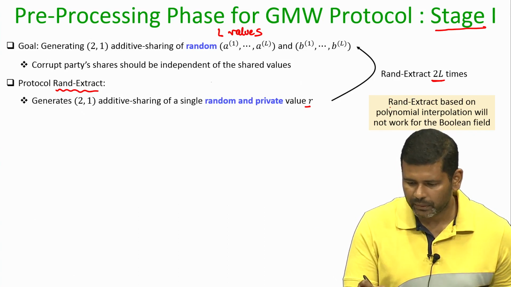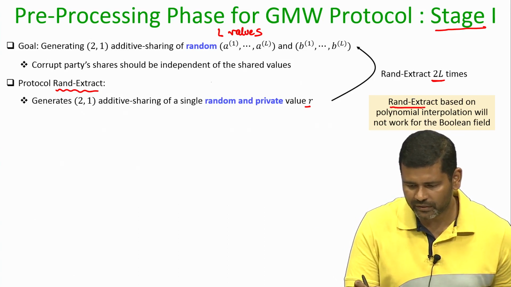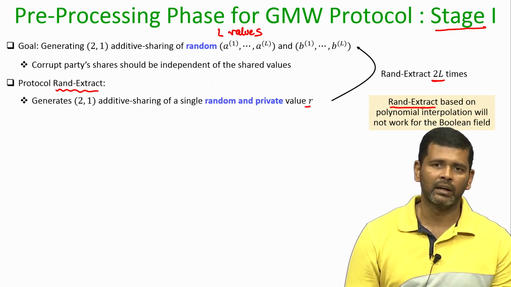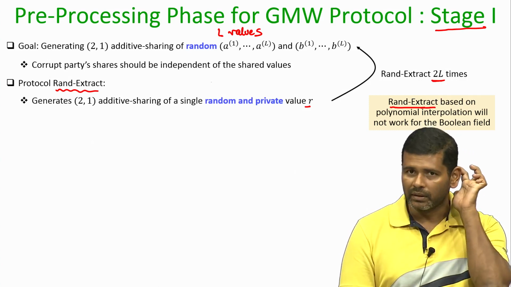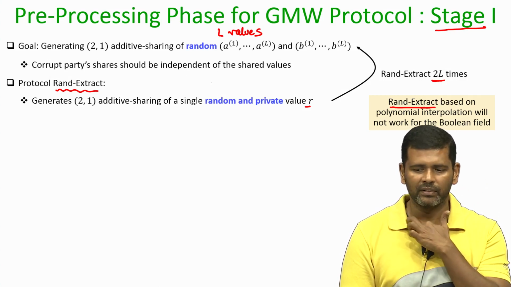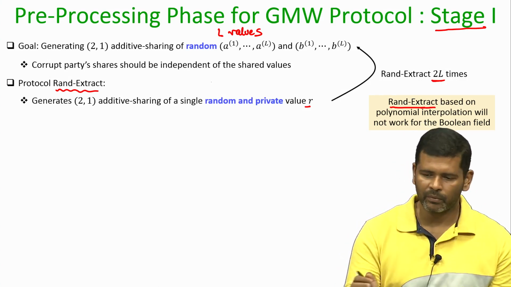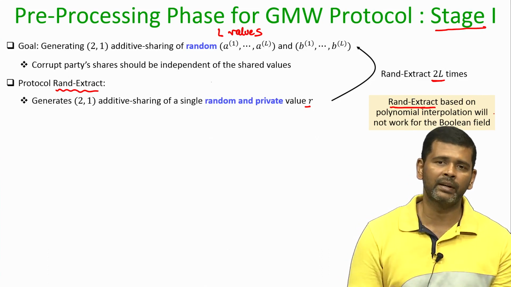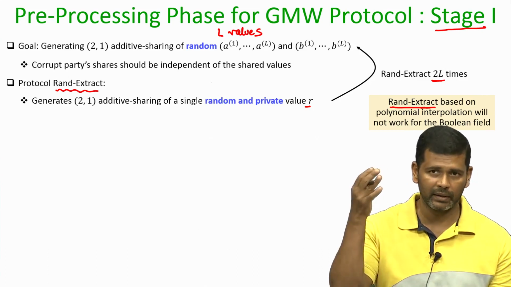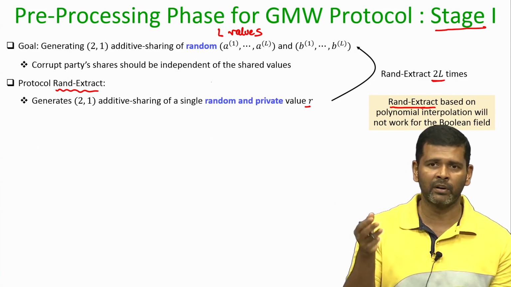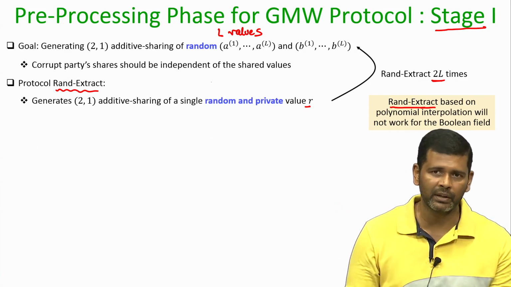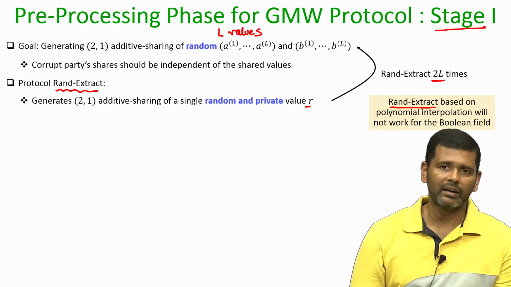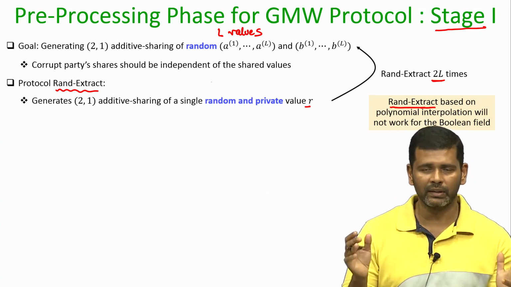And before going further, I would like to stress here that the RAND extract process that we had seen in the context of secret sharing based preprocessing phase will not work for the Boolean ring or Boolean field, because there we require a field. First of all, it requires a finite field, because it was based on polynomial interpolation and extending a polynomial to new points, and that requires a field to be sufficiently large.